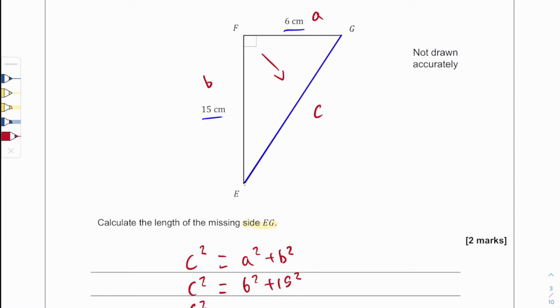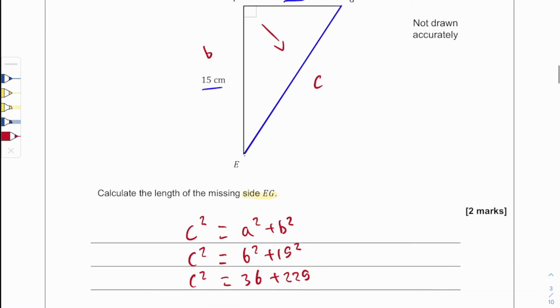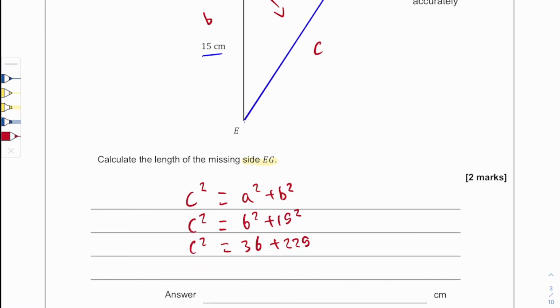So c squared is now equal to 36, and then we've got, just grab my calculator, 225. So when we add these together, we get c squared is equal to 36 plus 225, which is 261. And when we take the square root of 261, we get 16.15 centimetres.